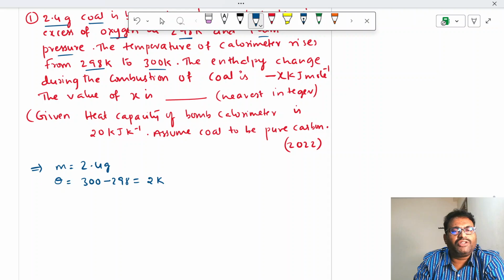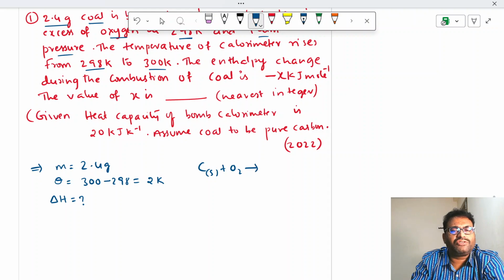The enthalpy change during the combustion of coal, right? So for enthalpy change, you are calculating delta H. For the reaction, C (coal, solid) plus O2 gives rise to CO2. This is gas and this is also gas. Delta ng is equal to 1 minus 1, that is equal to 0. So we have 1 mole of carbon dioxide, 1 mole of oxygen.